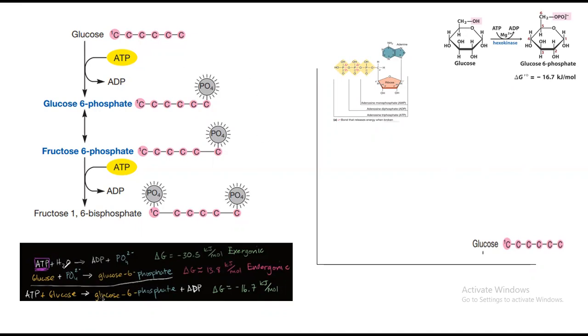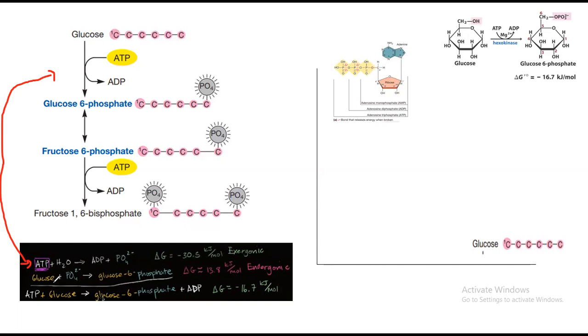Just look here, there is a coupled reaction. First of all, there is a side reaction, and this is the side reaction. First, the ATP should be hydrolyzed, and after that this phosphate should be given to the glucose.